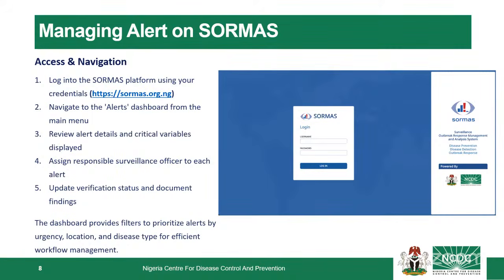There will be a responsible officer at all levels who will monitor the outbreak alerts coming on SORMAS, and that will be communicated in due time. The dashboard provides filters to prioritize alerts by urgency, location, and disease type for efficient workflow management. It also has the status of the start and end of the outbreak, especially when the confirmation and verification have been done. I'll show us that in the next slide. Next slide, please.